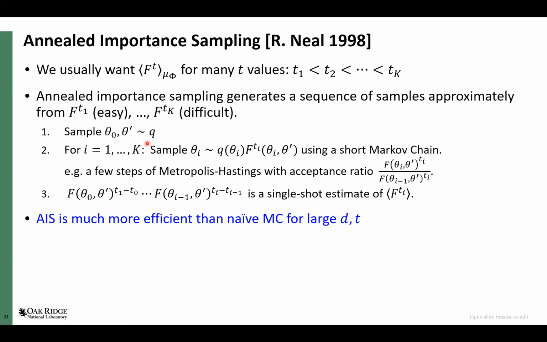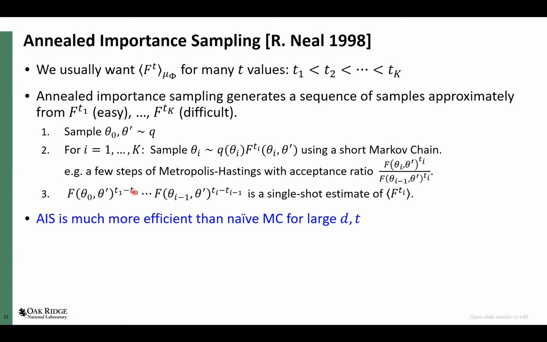And as you do this, you take the sequence of samples. You can use Metropolis Hastings to do a Markov chain to get from each distribution to the next. And then there are these factors that depend on the fidelities of your sampled states at the differences of the t values.